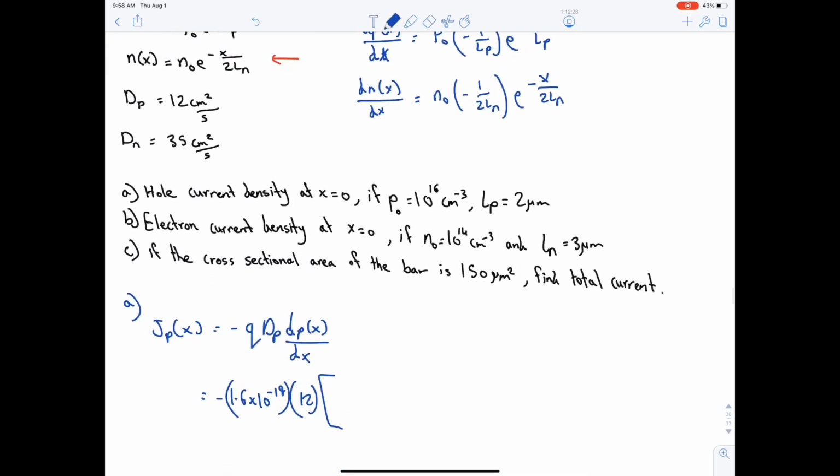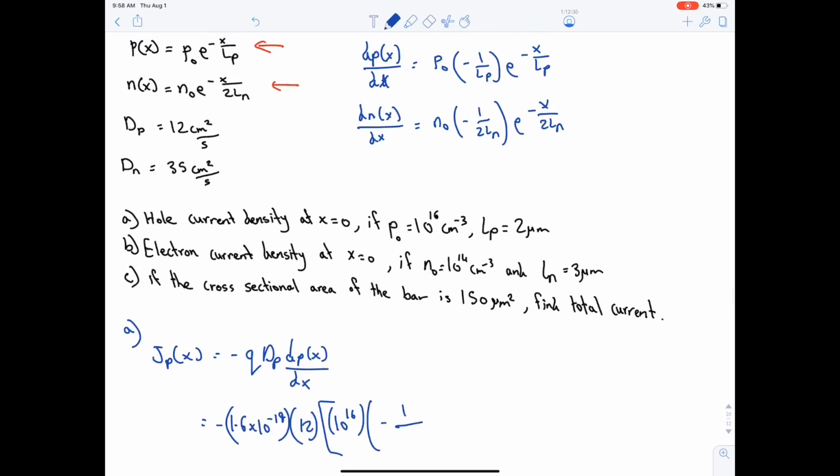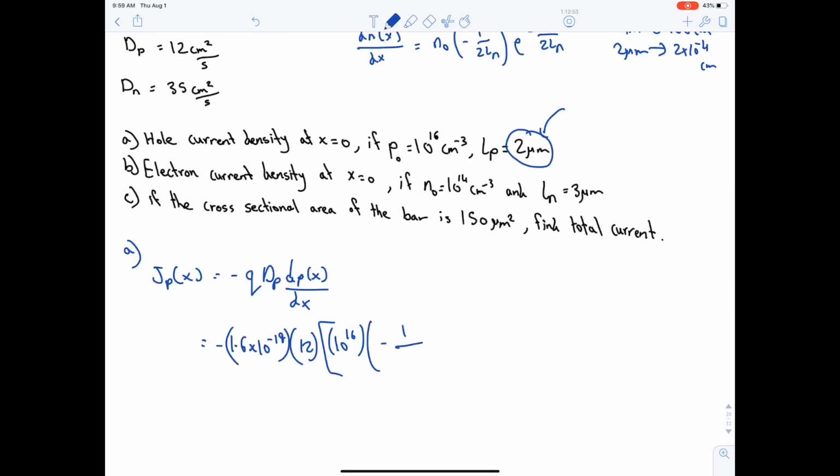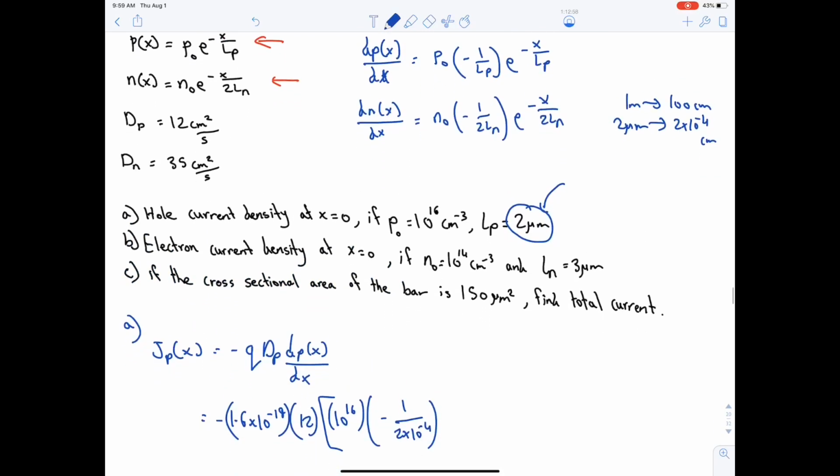What's p naught? 10 to the power of 16 multiplied by minus 1 over Lp. Lp is 2 micrometers converted to centimeters. 1 meter is 100 centimeters. 2 micrometers is 2 times 10 to the minus 4 centimeters. So here 2 times 10 to the minus 4, and then e to the minus x.